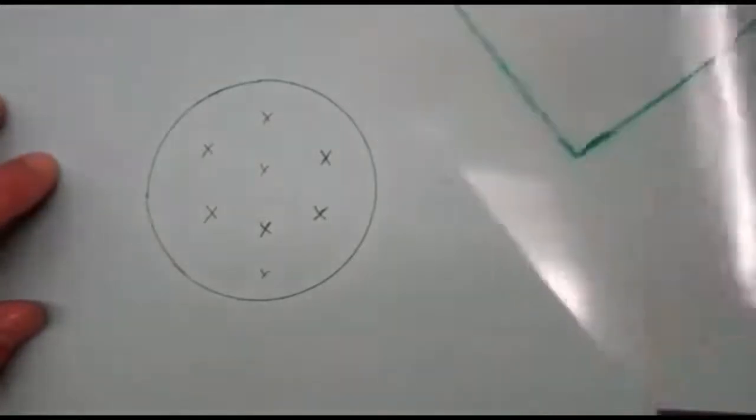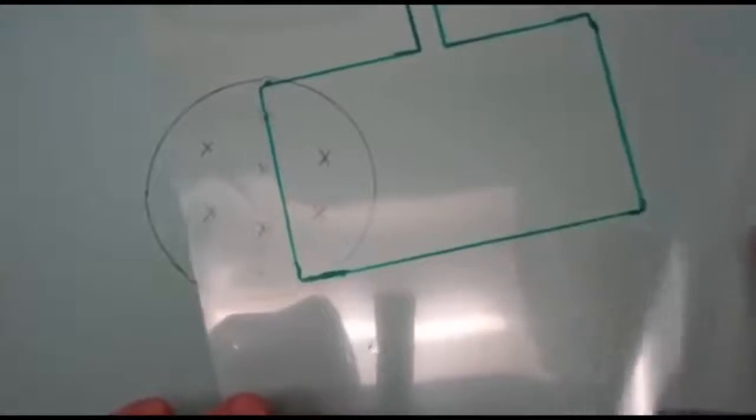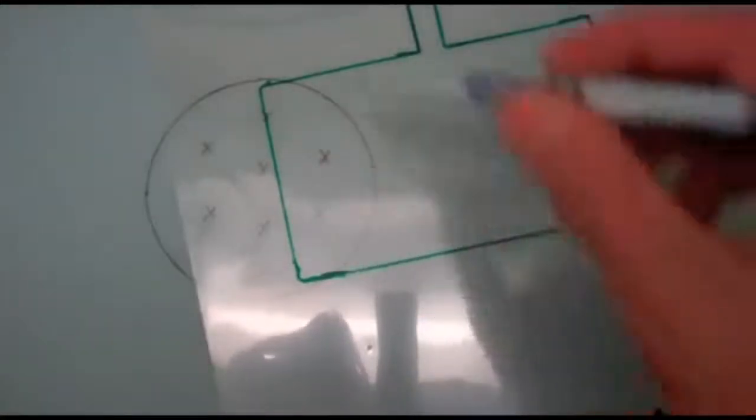The aluminum pendulum is trying to slide in like this. As it is going in, in this area we have an increasing magnetic field inside the aluminum into the page.